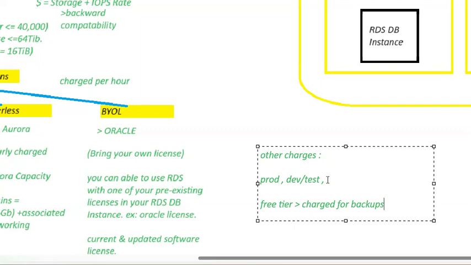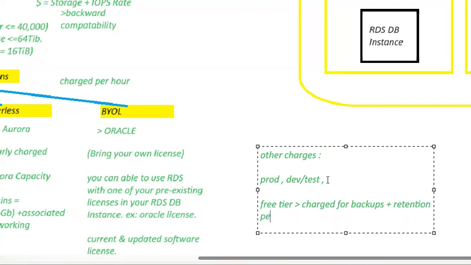And one more thing. While creating your backup, you just tick mark, right? Then you have an option called retention period. Based on this retention period, you will say how long you will store your backups.